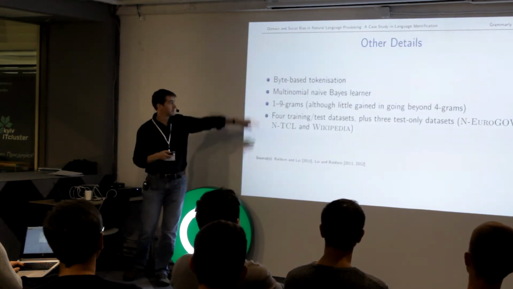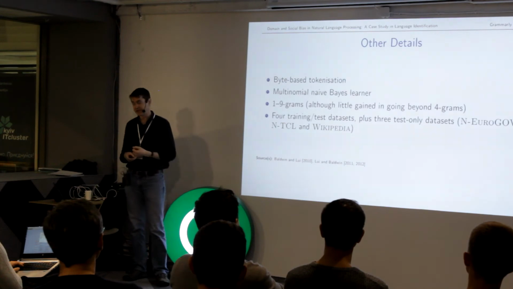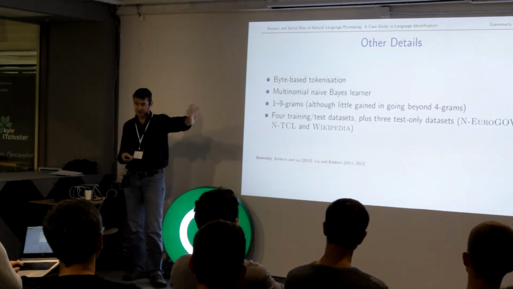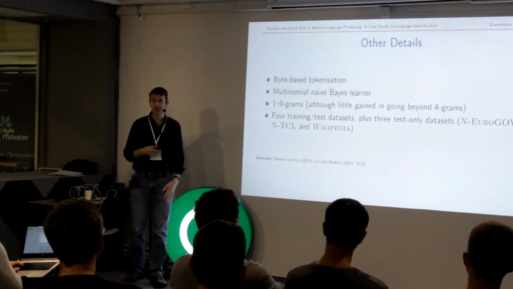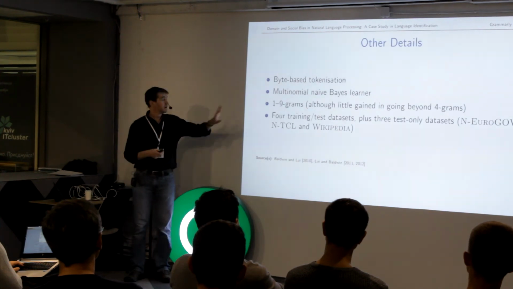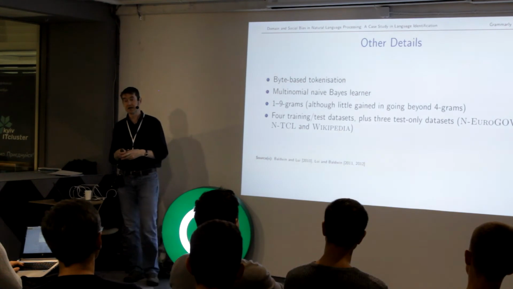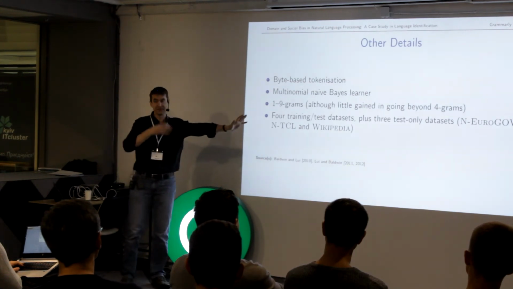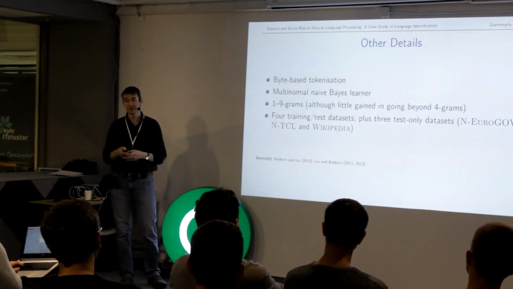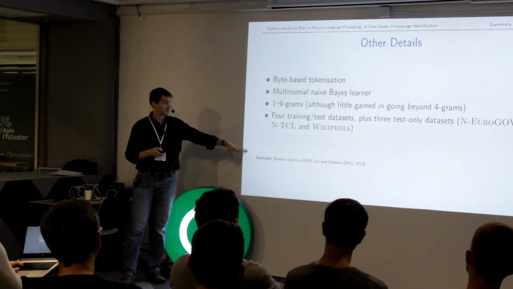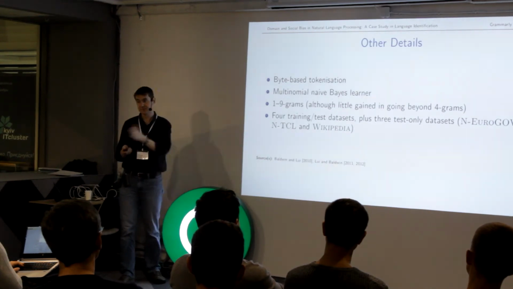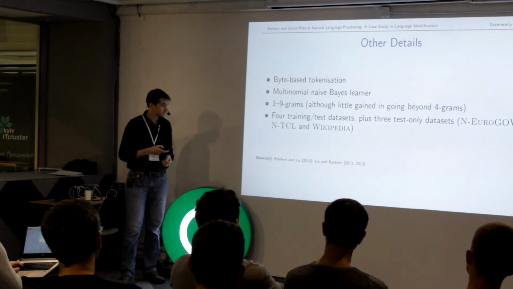And this is all based on byte-based tokenization, as we had before, with our venerable multinomial naive Bayes learner. In practice, we do this over 1 to 9 grams, although we get very little once we go beyond 4 grams. So the deployed version of this system only actually goes 1 to 4 grams all combined together.